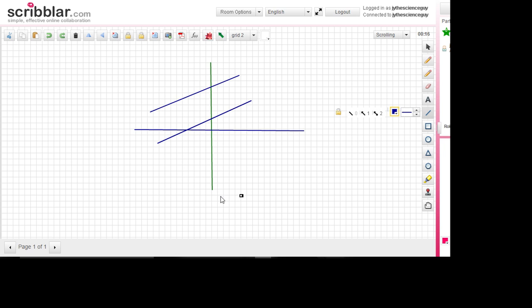The slope. Good. So that means that what letter would be equal? If I call this line 1 and this line 2, and so this is M1 and this is M2, then what do I know about those two variables? They're the same.